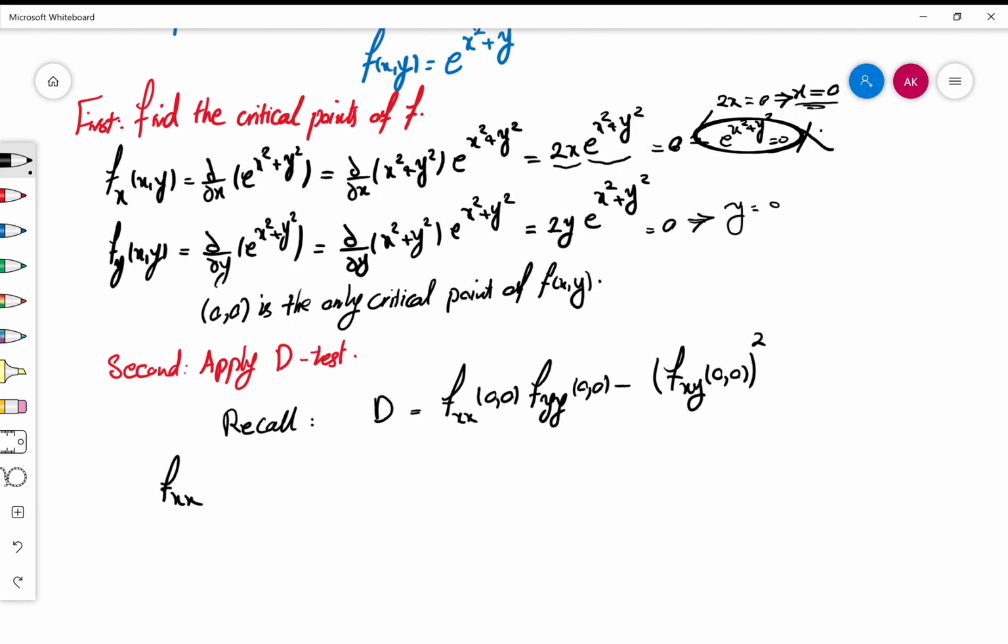Here, let me start with fxx. Fxx means what? It means that we are trying to find the derivative with respect to x of fx. And what is fx? Fx is here. It is 2x e to the power x squared plus y squared.